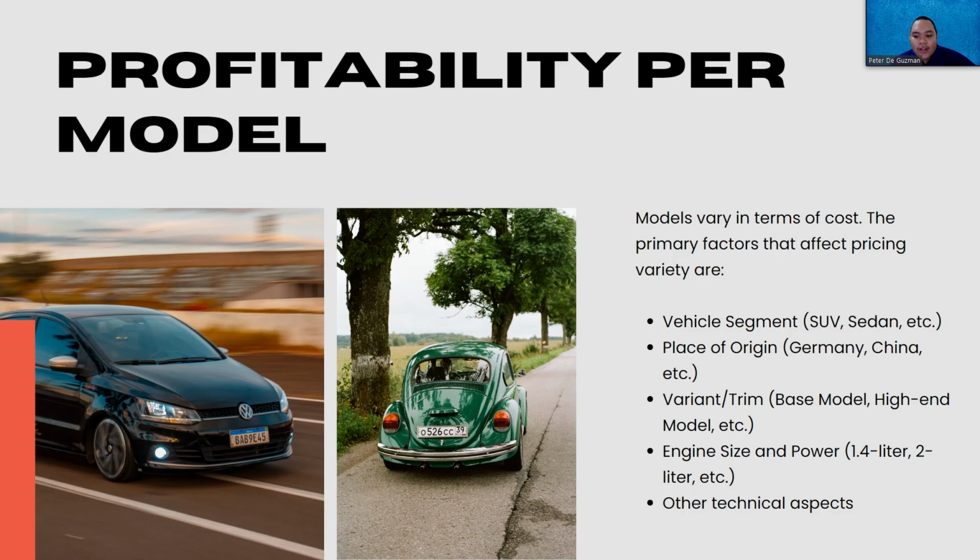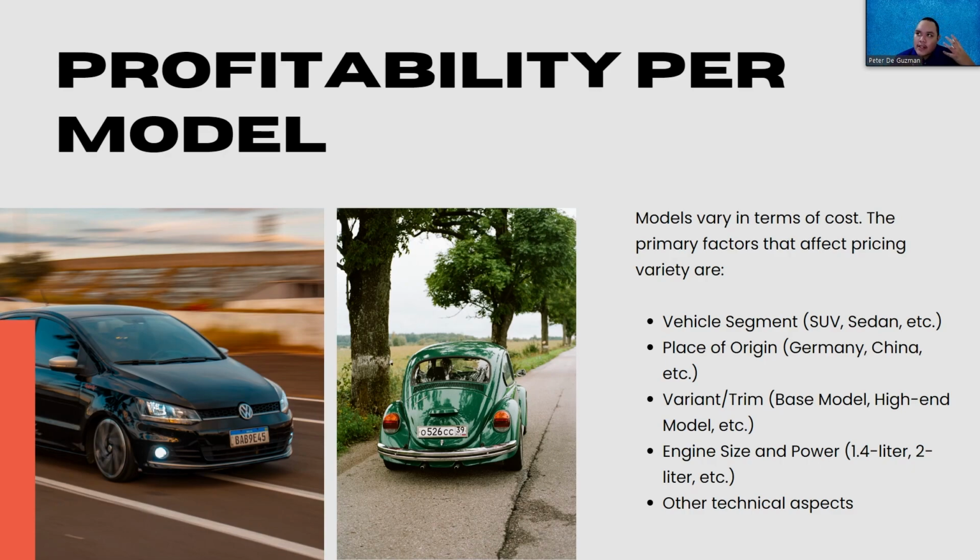Next is variant or trim. We have the base model, the mid-level, the high-end model, the sports edition model, the limited edition model. There's so many variations of a model, and this definitely affects the associated costs, both direct and indirect. Next is the engine size and power, as well as other technical aspects.